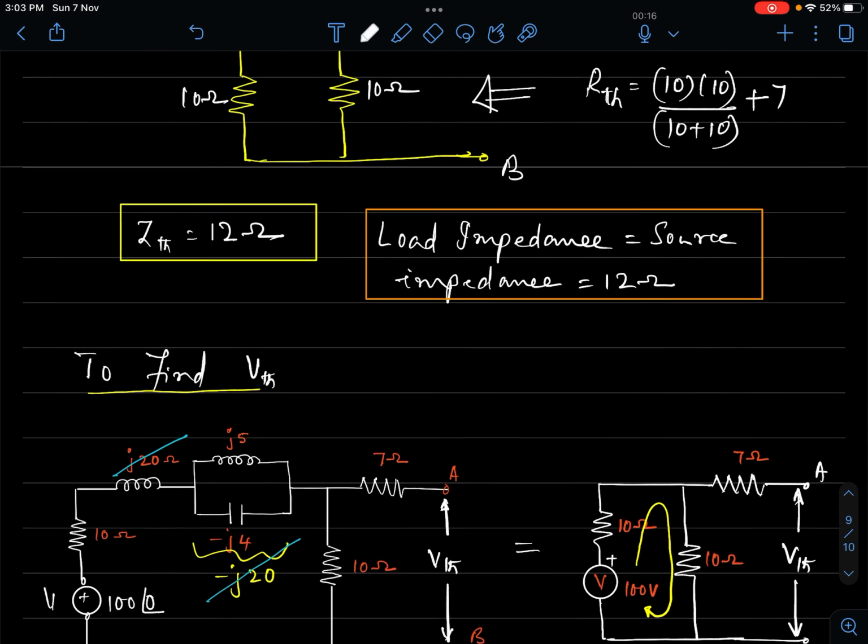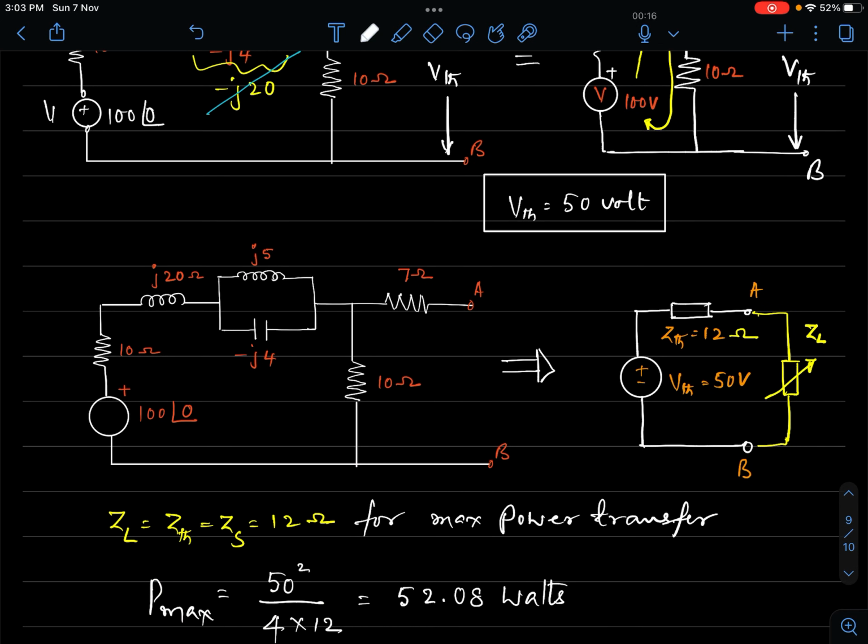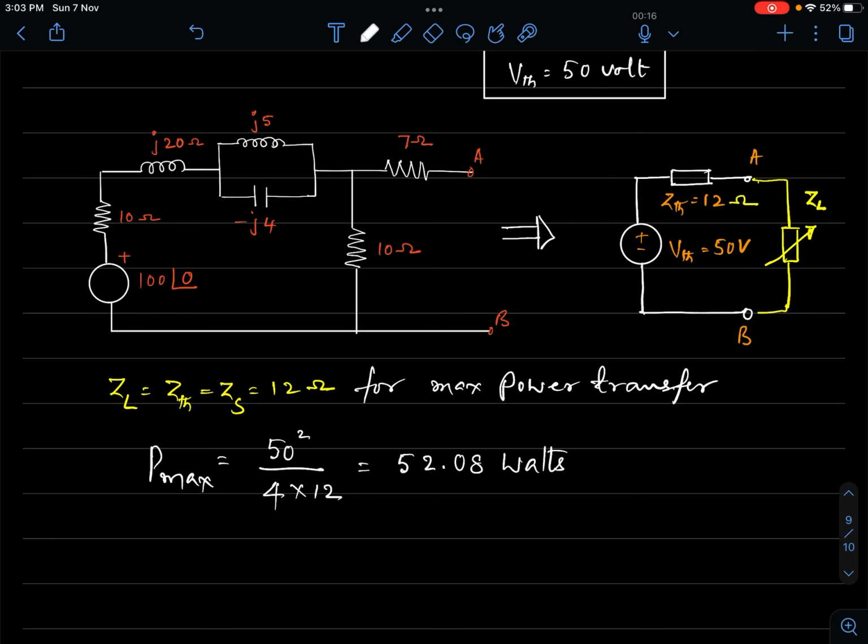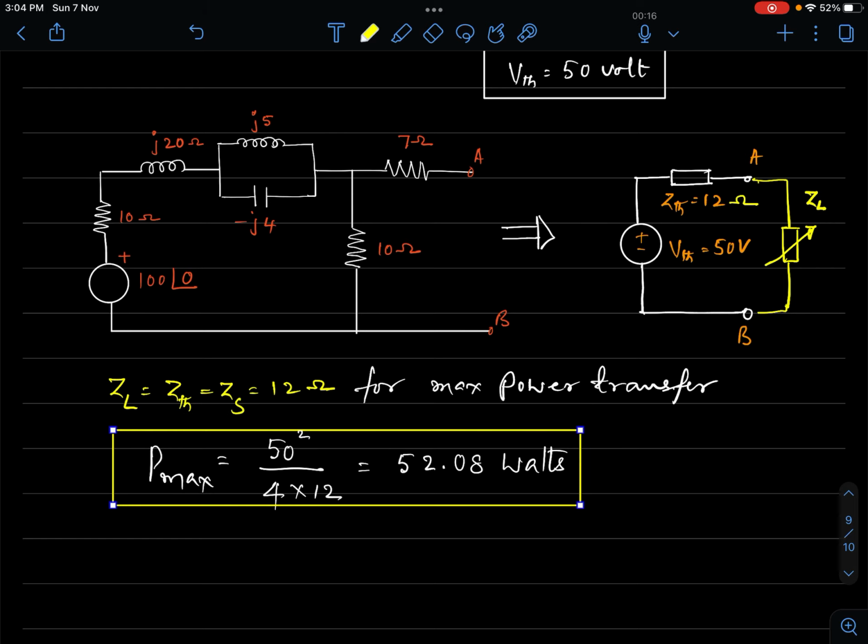That completes the problem. If you connect 12 ohm resistance between A and B, you will be able to get maximum power. Hence the utility of this theorem. So this much power gets absorbed in the load.